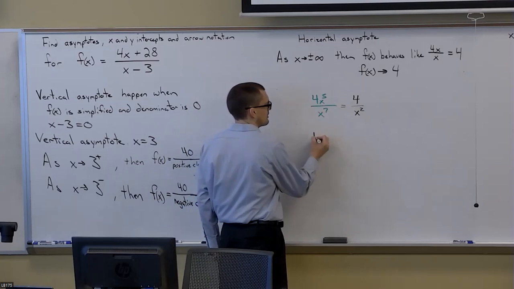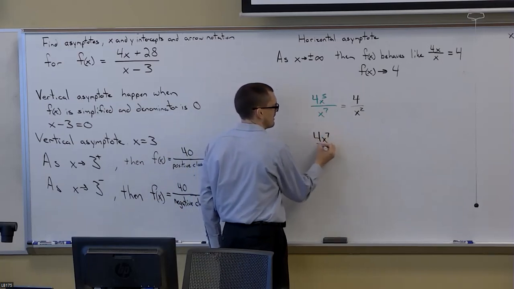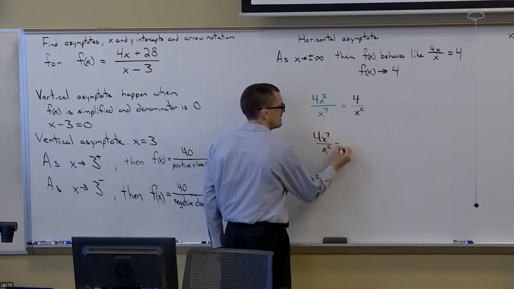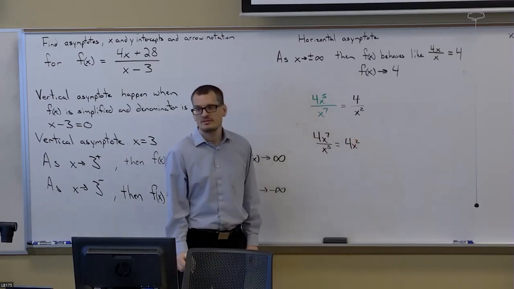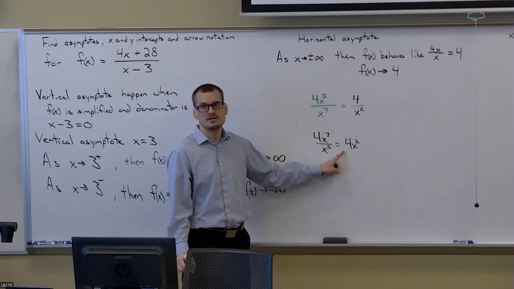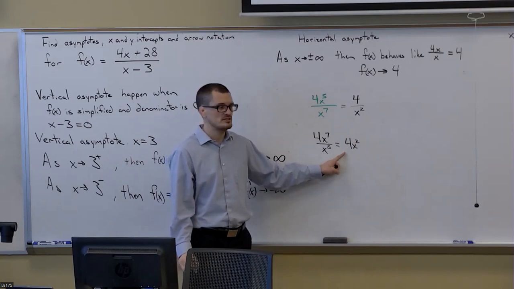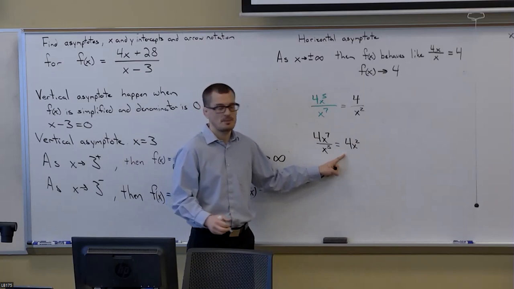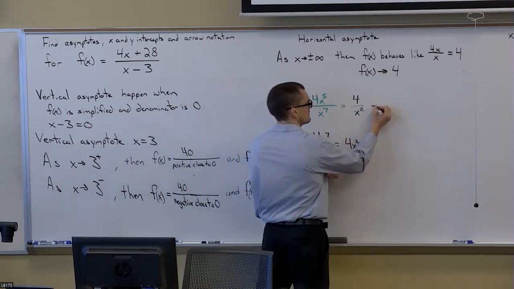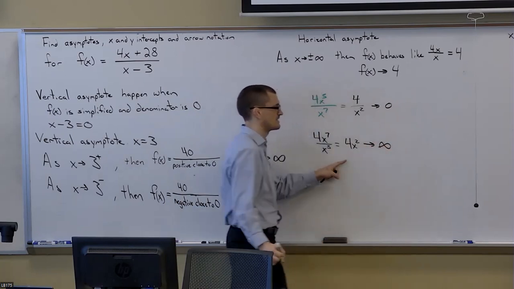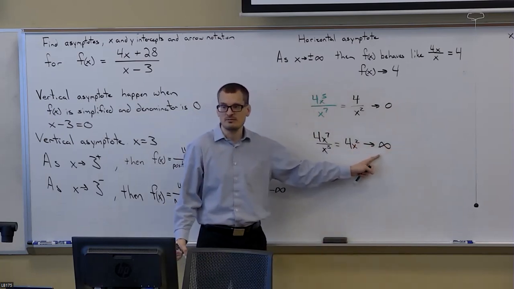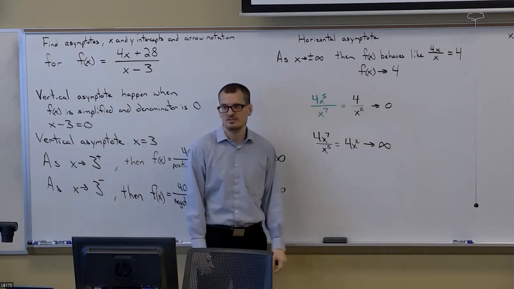If it were reversed, if it was 4x to the 7th over x to the 5th, then you have 4 times x squared. And as x gets bigger and bigger, what's this do? Well, it gets bigger and bigger, right? So that goes off to infinity, which means you don't have any horizontal asymptotes.